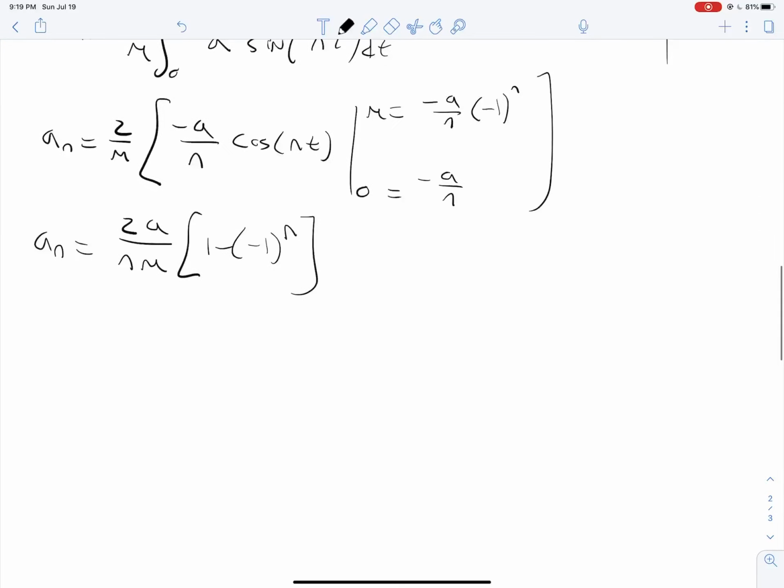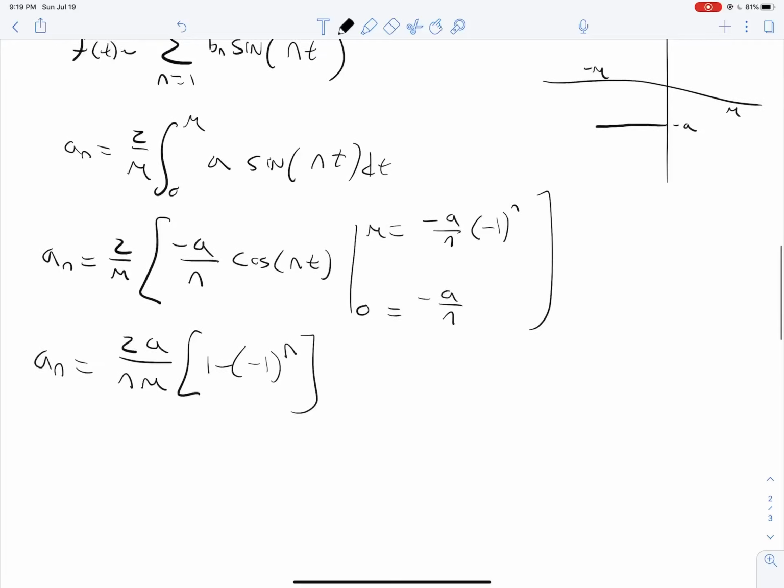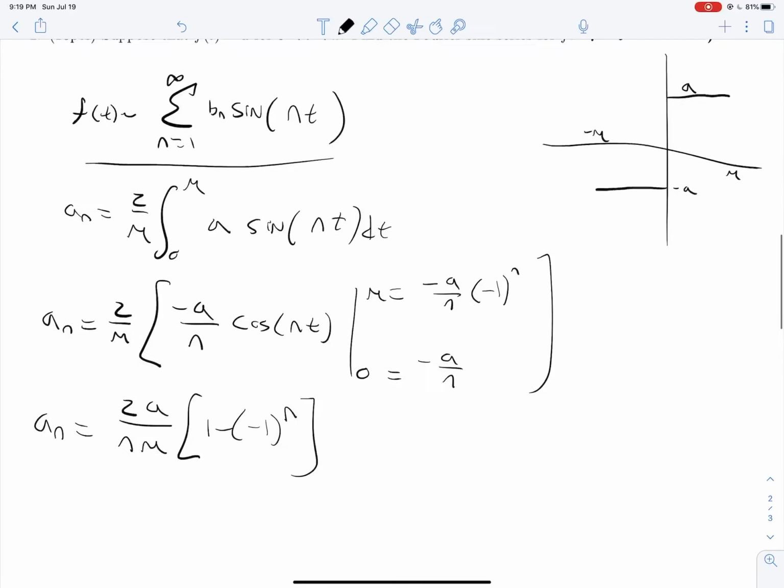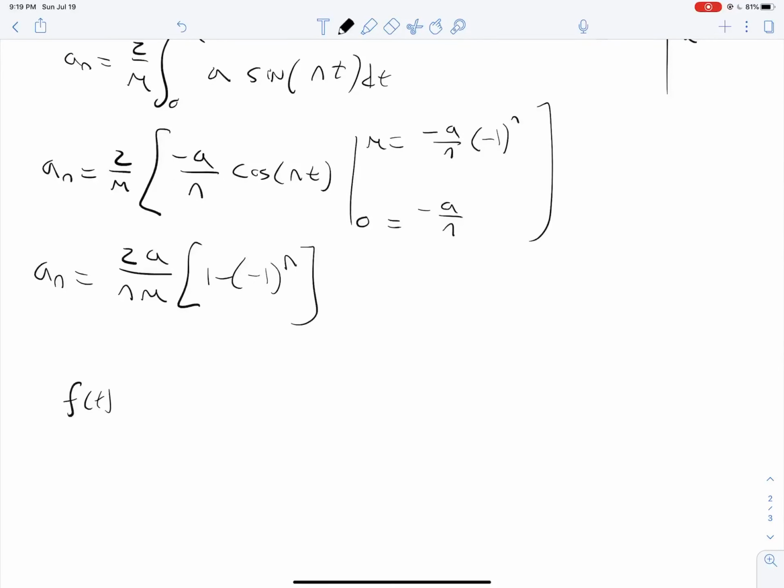So writing our Fourier series overall using this, we can say that f of t is approximated by the sum from n equals 1 to infinity of 2a over n pi times 1 minus negative 1 to the nth power times the sine of nt. There we go. So this is an answer.